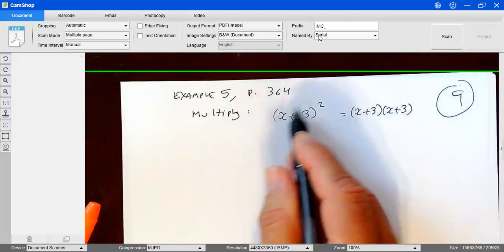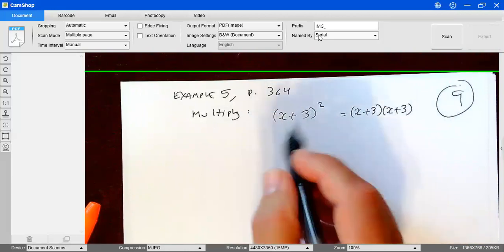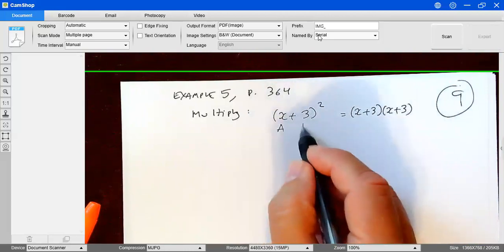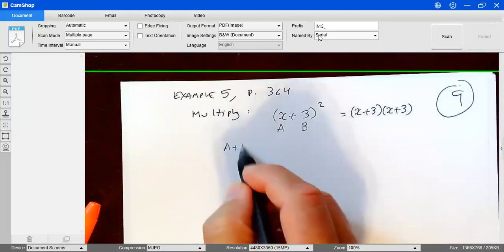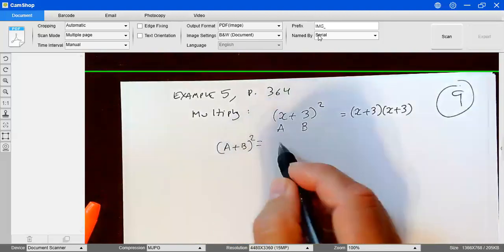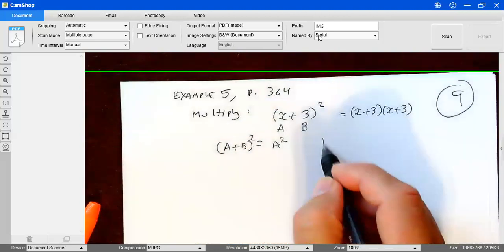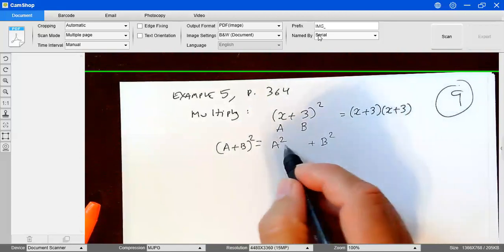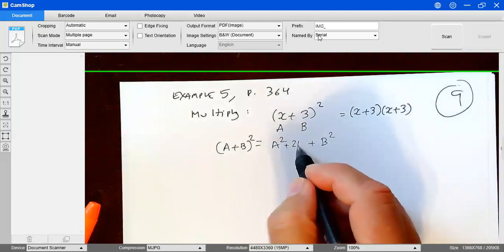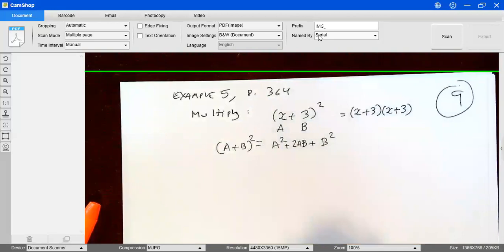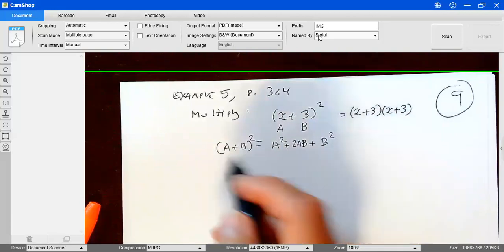But if you remember or you have your formula sheet, you know that you can use the formula for (a + b) squared, which is just the square of the first, the square of the last, and in between we get the double product of the two terms.